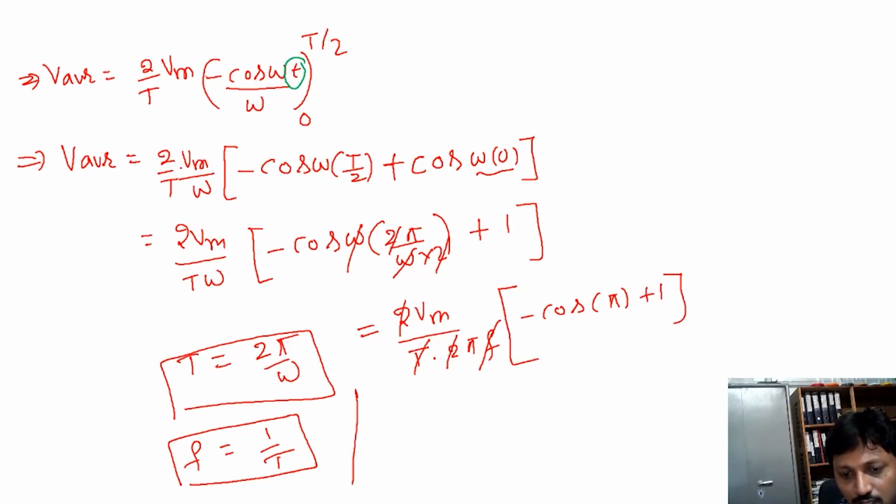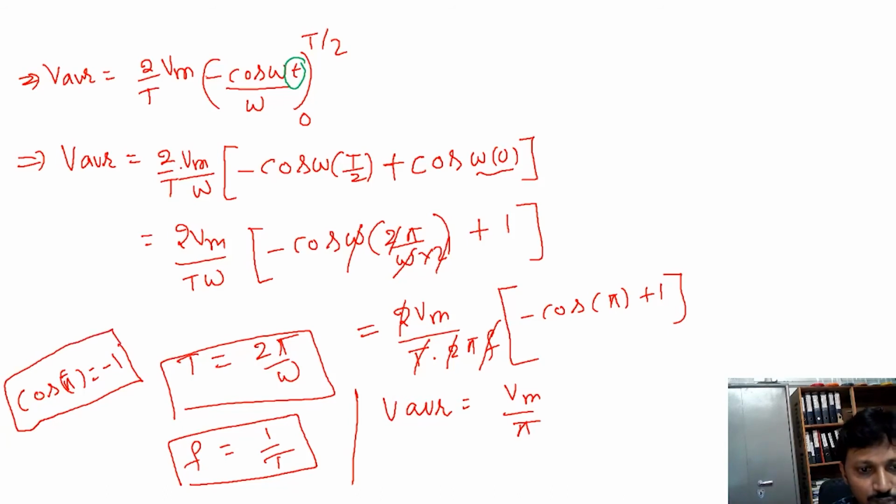So V average is Vm by pi, times minus cos pi plus 1. What is cos pi? Cos pi is equal to minus 1. So minus 1 into minus 1 is 1, and 1 plus 1 is 2. So V average is equal to 2 Vm by pi.